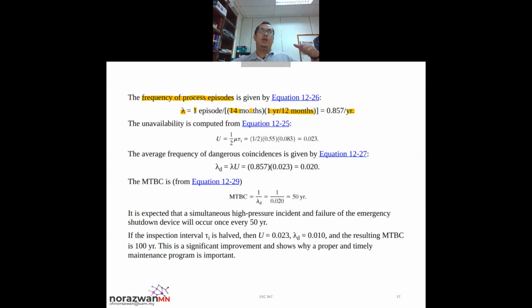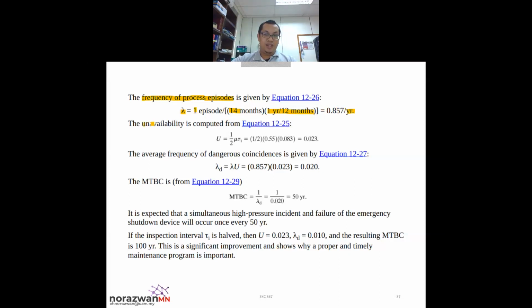If the question states that the incident occurs once every year, then it is 1 over 1, one episode per year. So it is 0.857 per year.